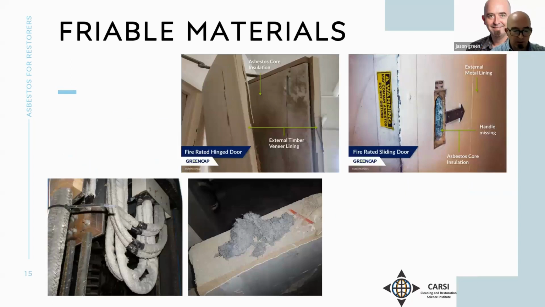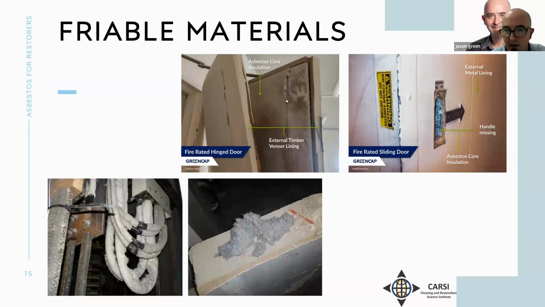Okay, let's jump on to look at some of the asbestos materials. As I mentioned before, there are so many different friable materials out there, so we're just going to touch on a few common ones. In the middle here is an asbestos fire-rated door.